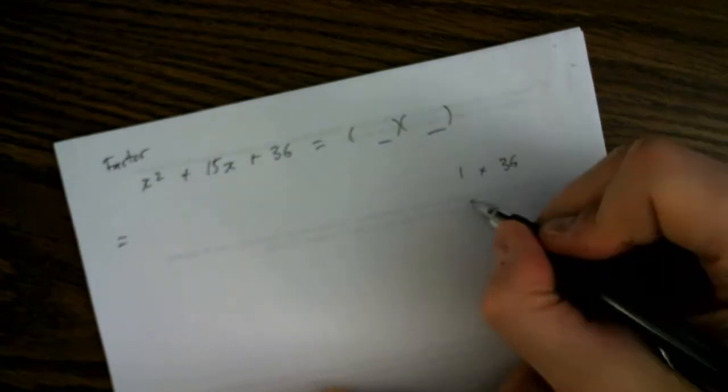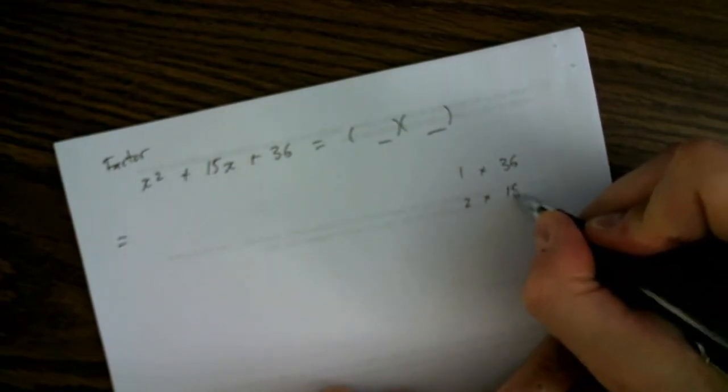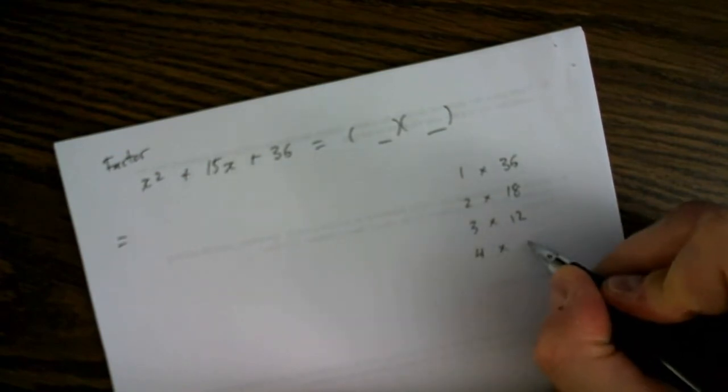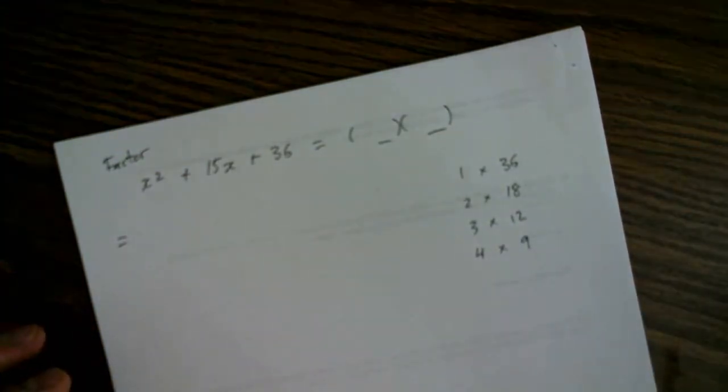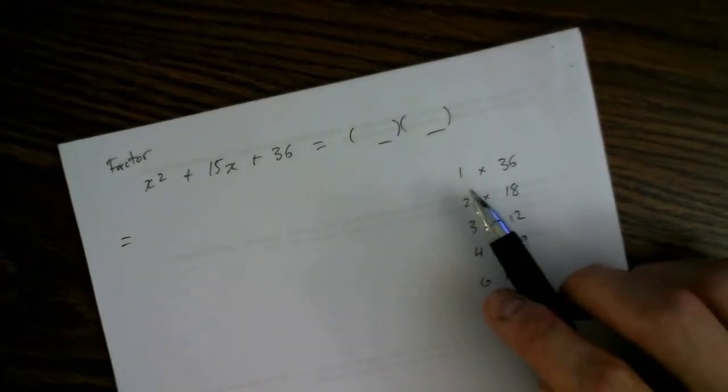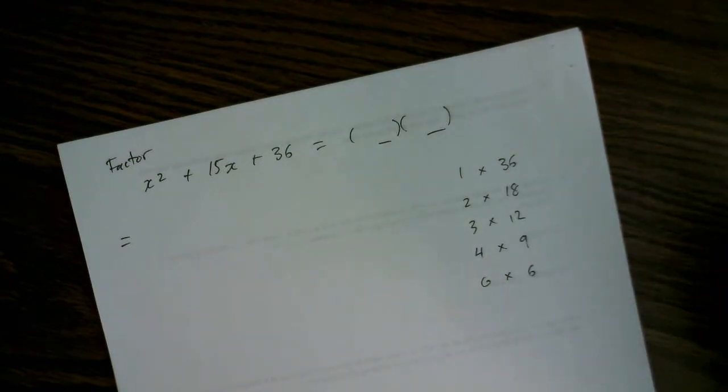So 1 times 36, 2 times 18, 3 times 12, 4 times 9, and 6 times 6. Now if we used 1 times 36, what would they add to?